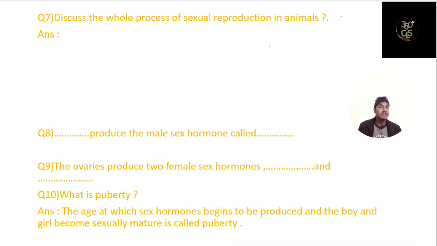The next problem is discuss the whole process of sexual reproduction in animals. So sexual reproduction in animals कैसे होता है? So first step क्या होता है?